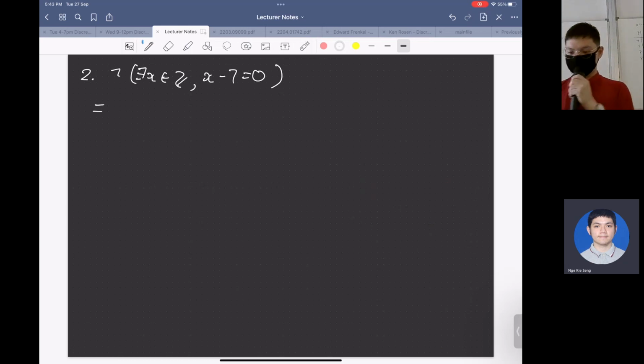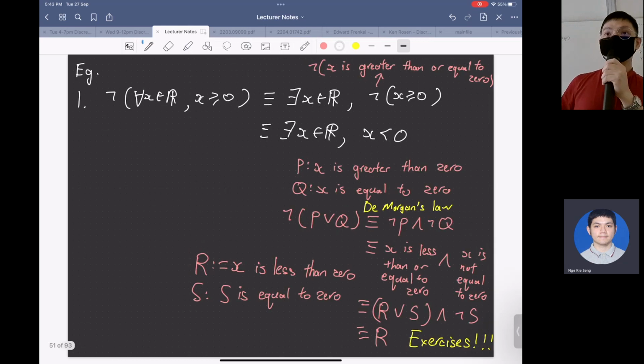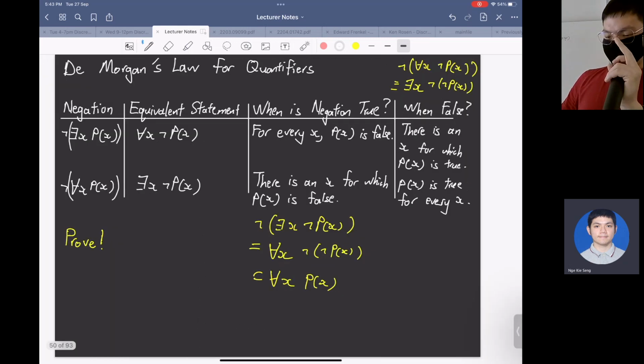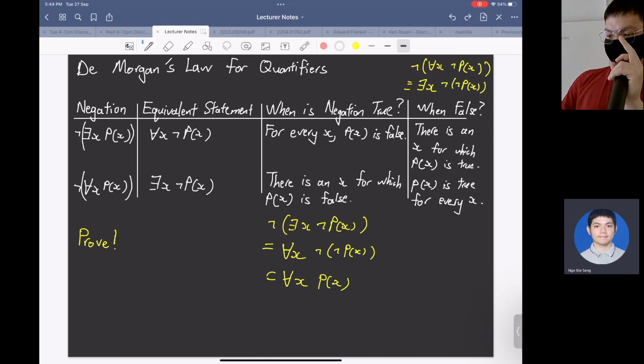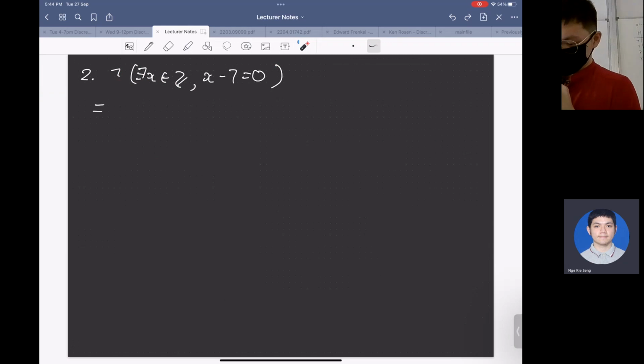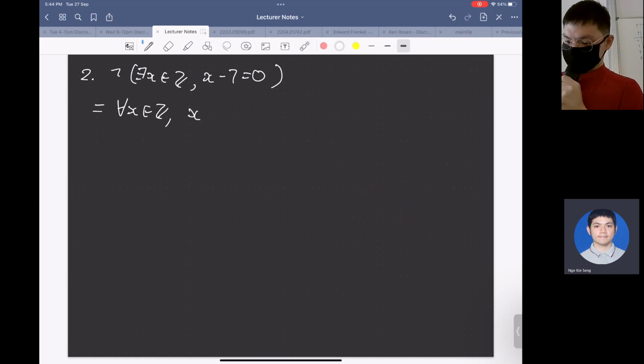The exists becomes what? It becomes for every x in Z, x minus 7 is not equal to 0.